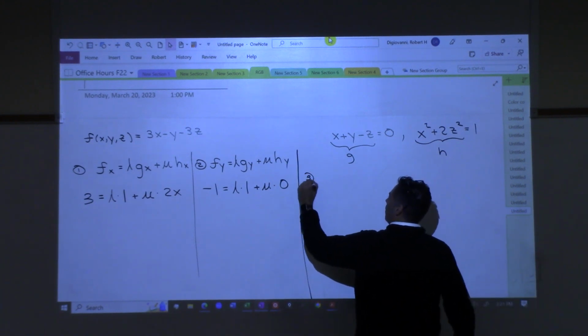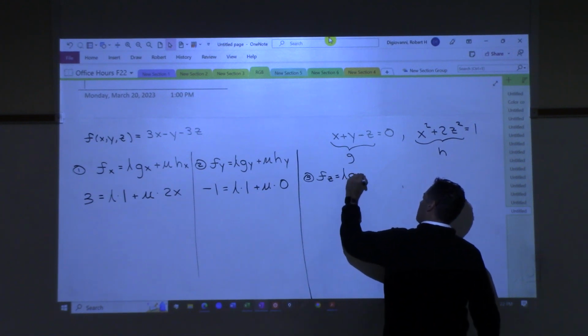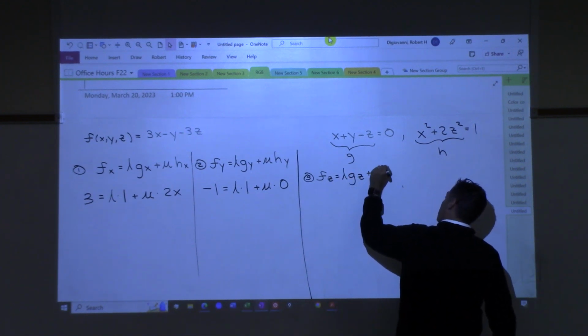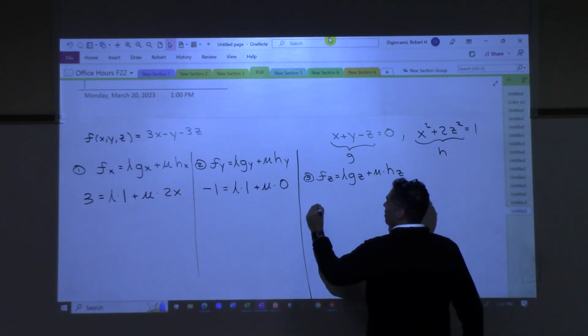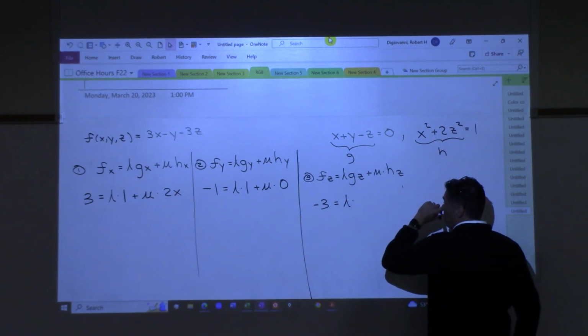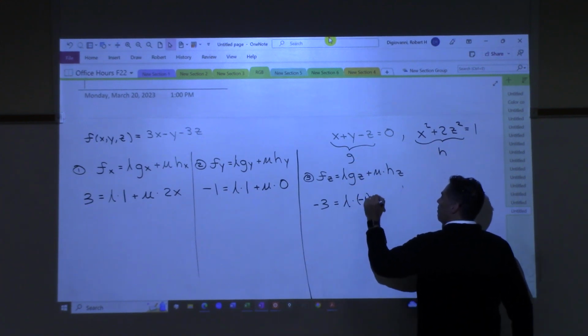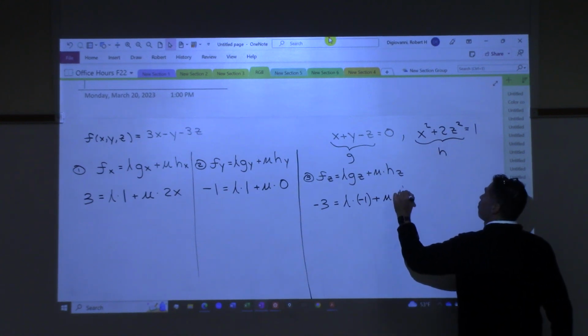Third one. Partial of f with respect to z must equal lambda times partial of g with respect to z plus mu times partial of h with respect to z. Partial of f with respect to z is -3. That must equal lambda. Partial of g with respect to z is -1 plus mu times partial of h with respect to z, which is 4z.